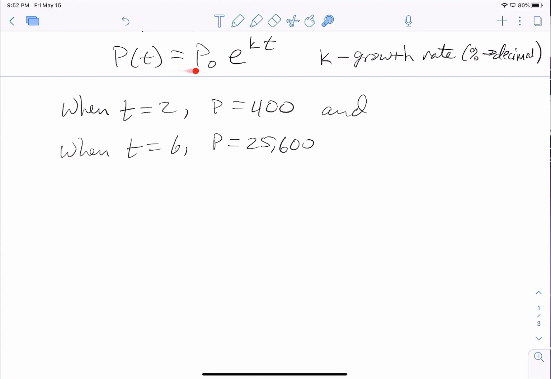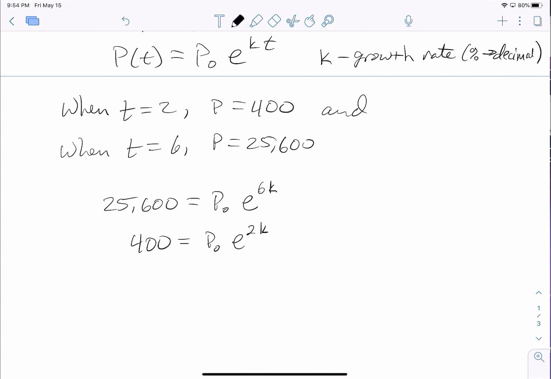Using our P of t equals P sub 0 e to the kt, we can rewrite this information in two equations. When t is 6, we have 25,600. So replacing 6 for t, we get 25,600 is equal to P naught e to the 6k. Likewise, when t is 2, we get 400 is equal to P naught e to the 2k.